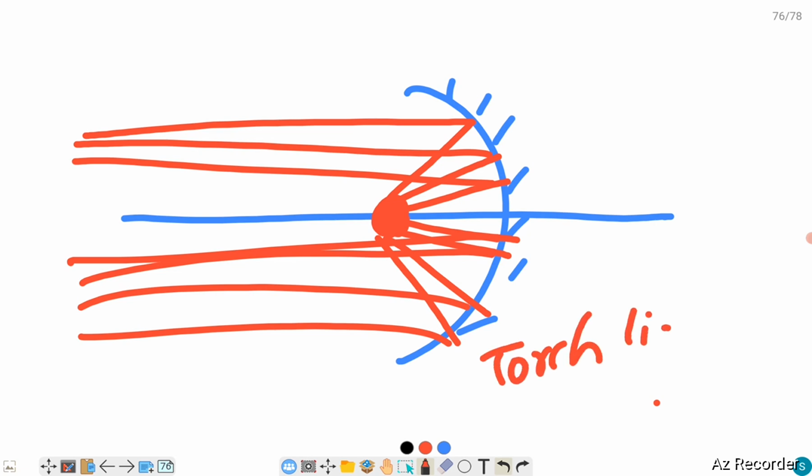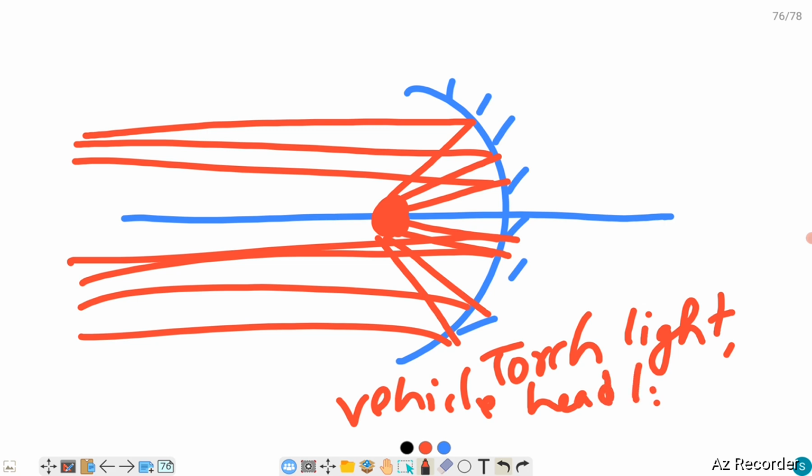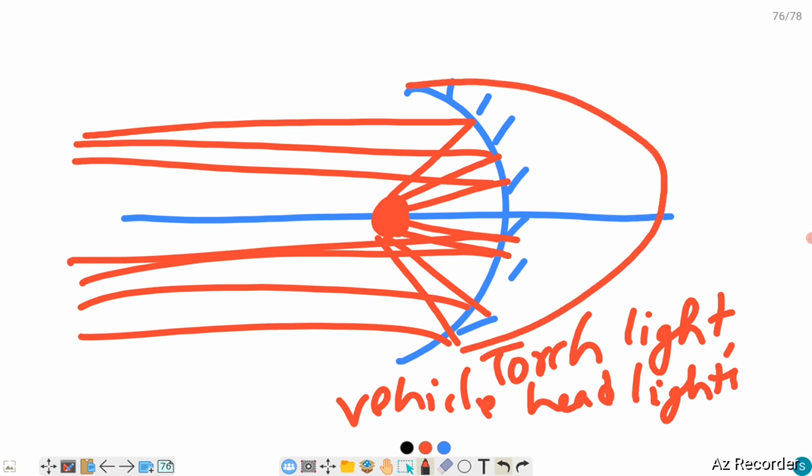If you have any doubt, just turn on the torchlight and see. Vehicle headlights are also examples. Understood? Even if you take bed lamps, they have a concave reflector like this.